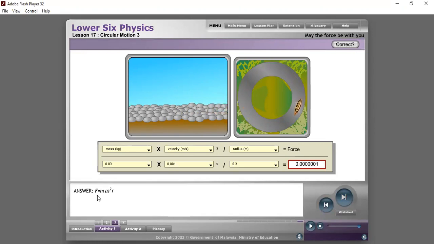So this means that F is equal to ma, right? A is the acceleration. Acceleration will be omega squared r. So that means this is the formula we will use to solve: F equals m omega squared r.